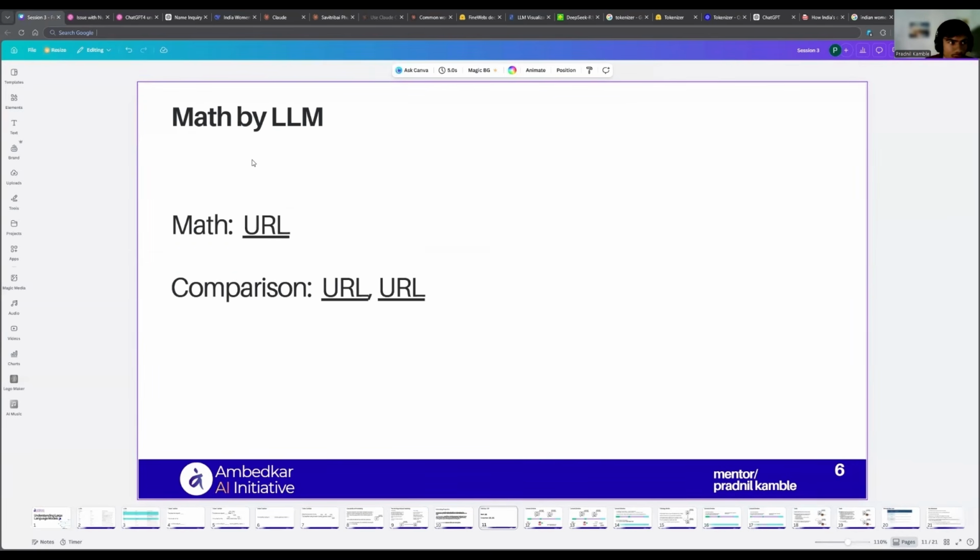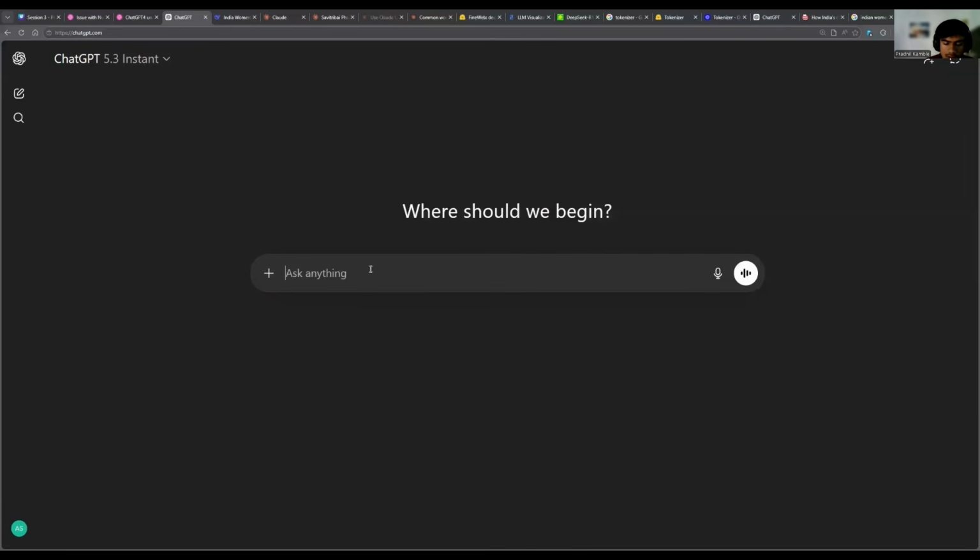But if I want to do math with it, then what I'll do, and what you should also try to do, is, let's say we want to calculate x when 2x is equal to, okay, a very easy problem.